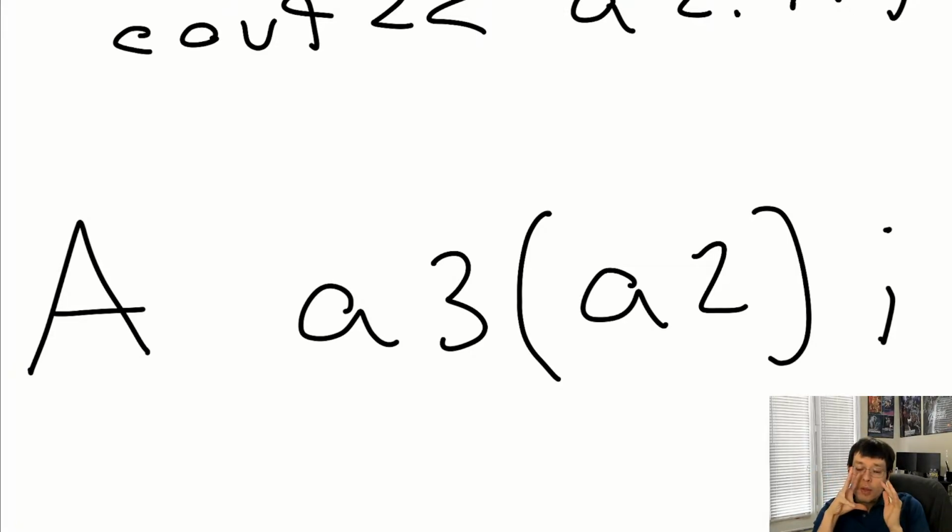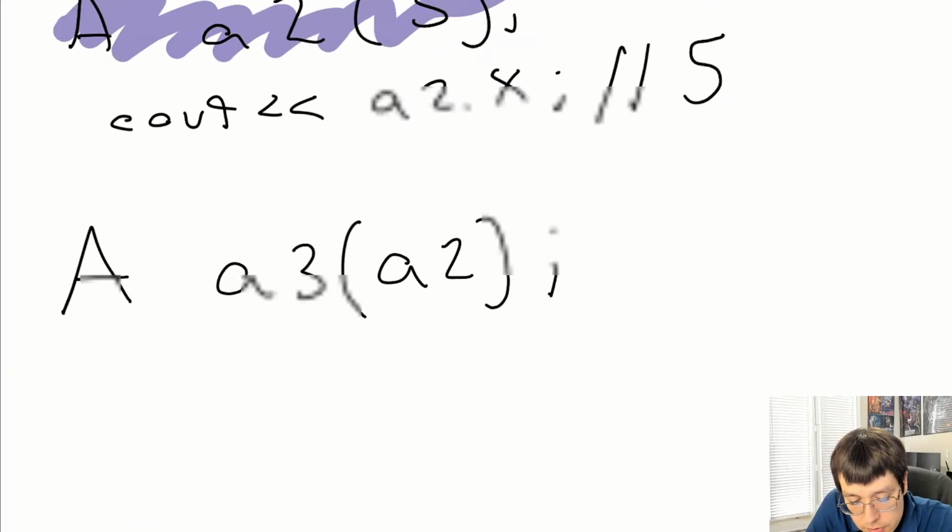Now what this is supposed to do is it's supposed to take the contents of a2 and make a copy into a3, into the contents of a3 basically. So let me finish this paper example, and then I'll code you an example so you can see that.